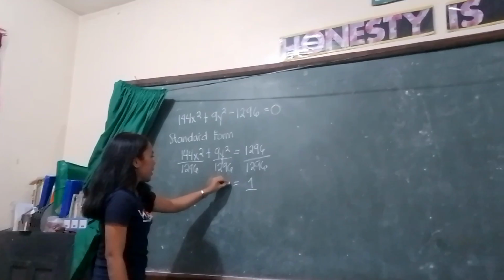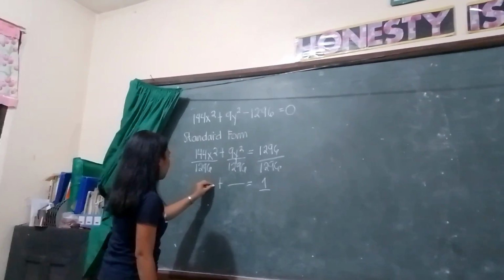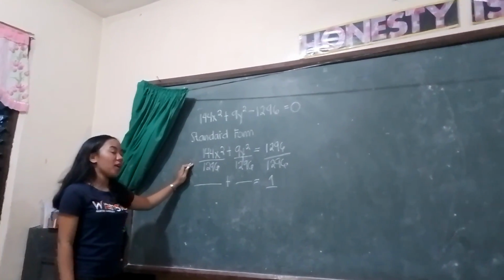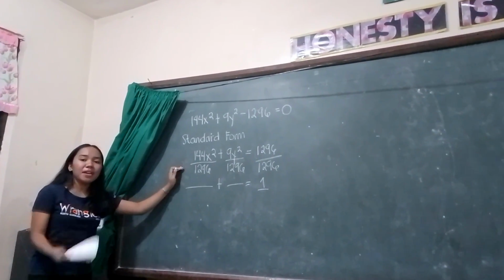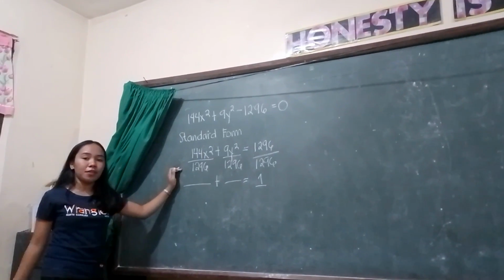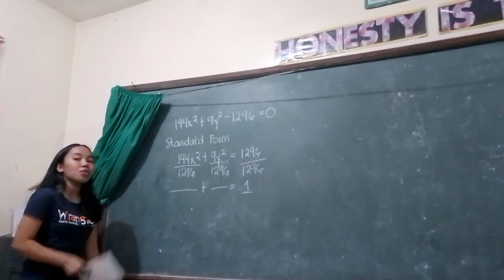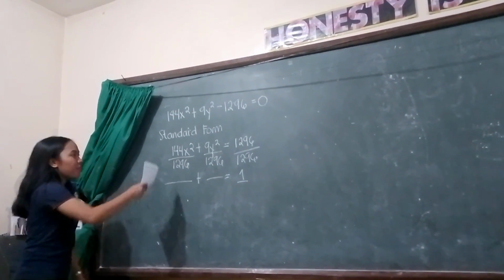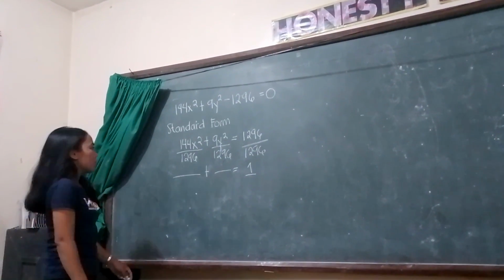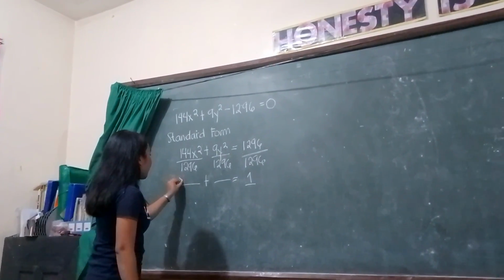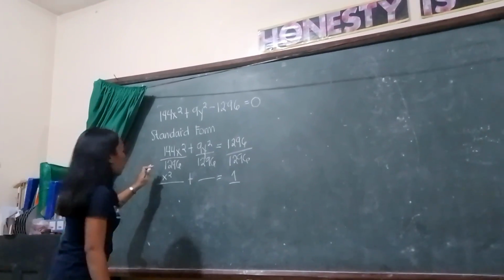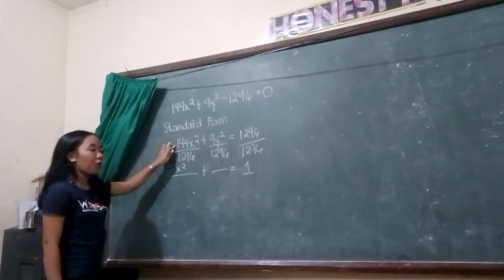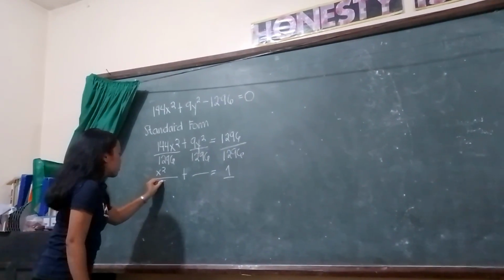And then here, 144x squared all over 1,296 can be divided by 144. So we must simplify it to its lowest term. And since 1,296 can be divided by 144, we have here x squared all over 1,296 divided by 144 is equal to 9.